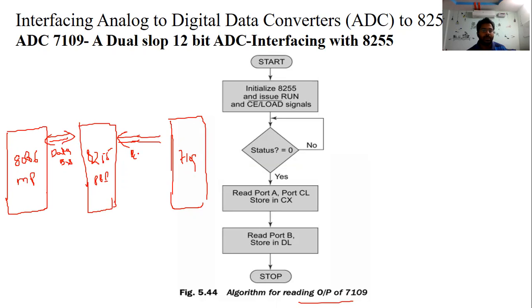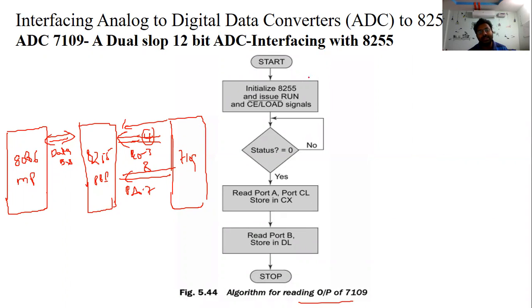So PC0 to PC3, PA0 to PA7, then the PB lines, whatever you can draw. Our intention is how to read this data. This 12-bit, this is 8 bits and this is 4 bits. How to read this data into the 8086 microprocessor.